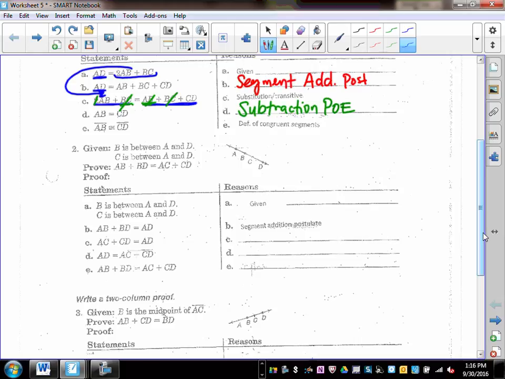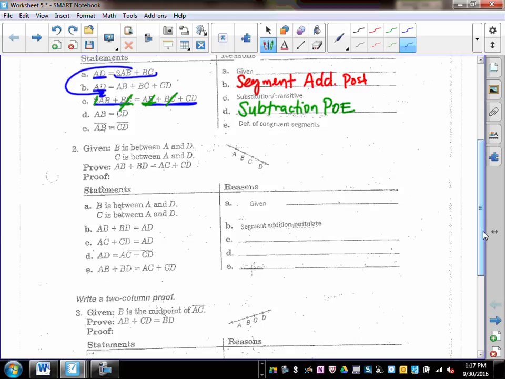Alright. Number 2. Given B is between A and D, as the picture shows, C is between A and D, prove that measure of segment AB plus measure of segment BD is equal to measure of segment AC plus measure of segment CD. Alright. They gave us all those words.